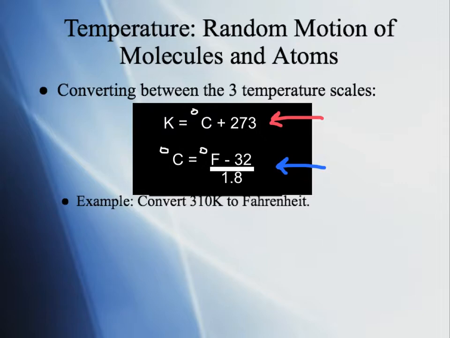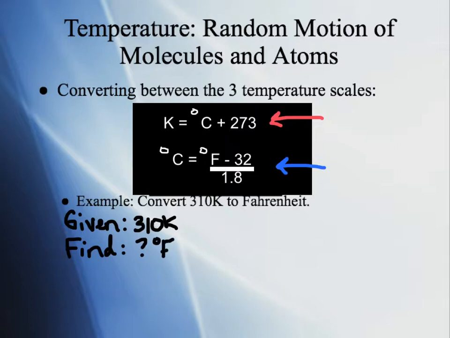In fact, here's a pain in the butt example for you to do now. Convert 310 Kelvin to Fahrenheit. So to figure this out, we're going to write down our given, right? We're given 310 Kelvin, and we need to find, according to our question, degrees Fahrenheit.